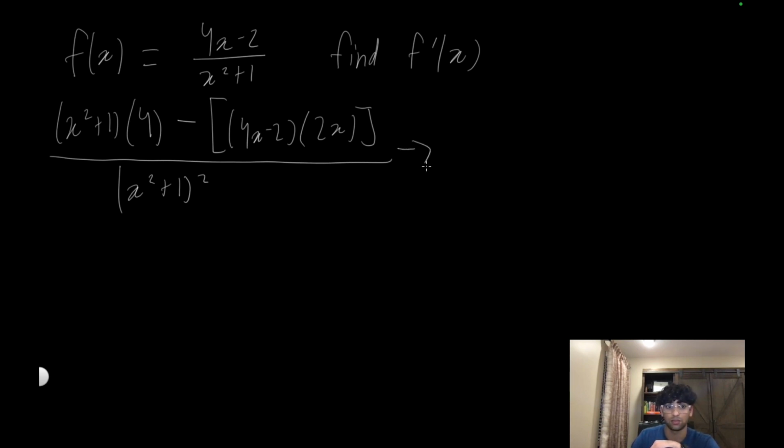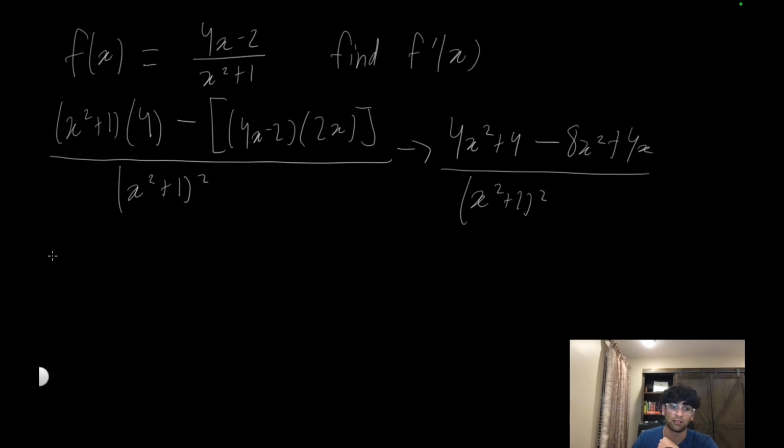This just becomes 4x squared plus 4. Now I'm going to do some mental math. 4x times 2x is 8x squared, and there's a minus sign here, so that becomes negative 8x squared. Negative 2 times 2x is negative 4x, and negative 4x times a negative is positive 4x, over the bottom squared.